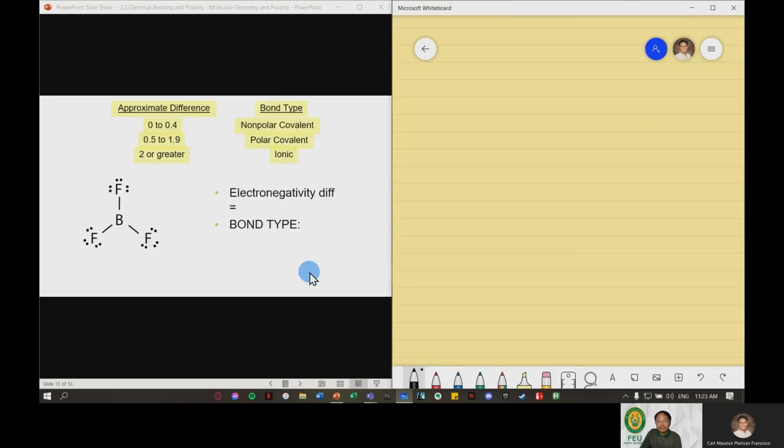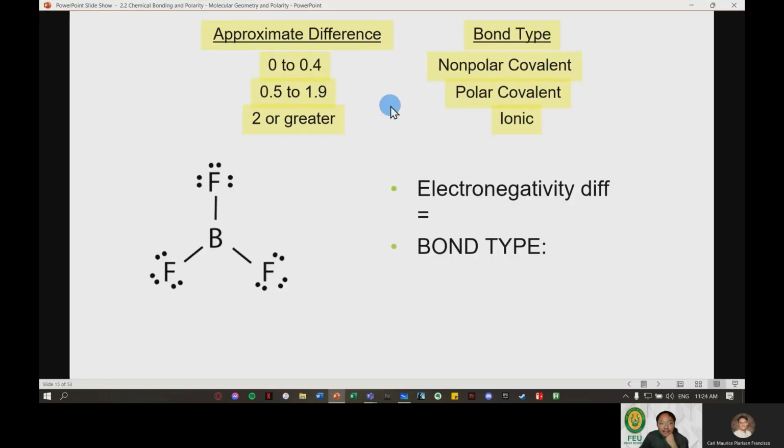Now, this is a table showing you that after computing the electronegativity difference, you may ascribe the bond type of the covalent bonding as nonpolar or polar, or even ionic if the difference is exceeding 2. In this case, I have here boron trifluoride.